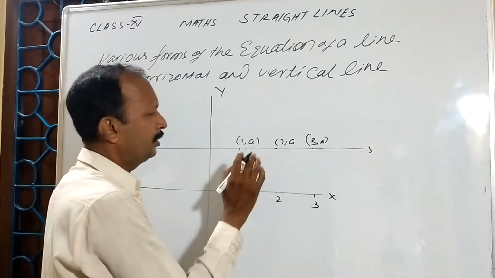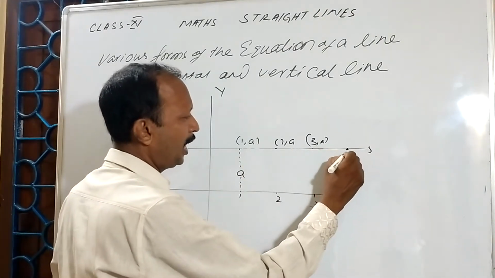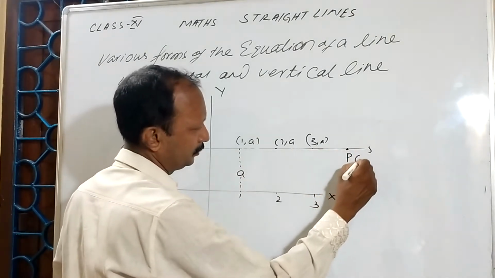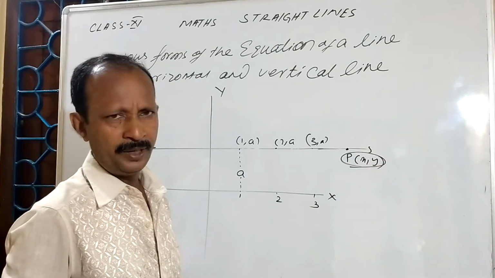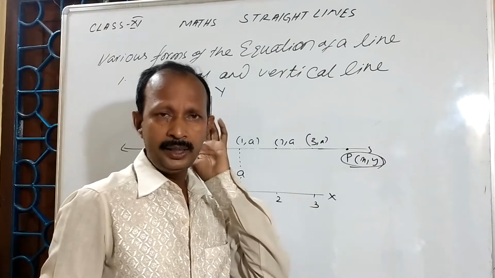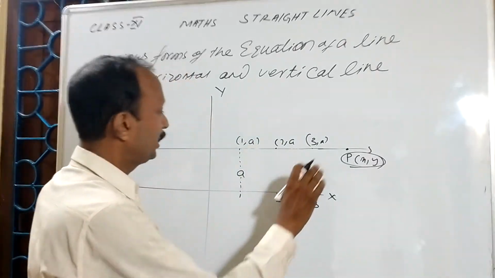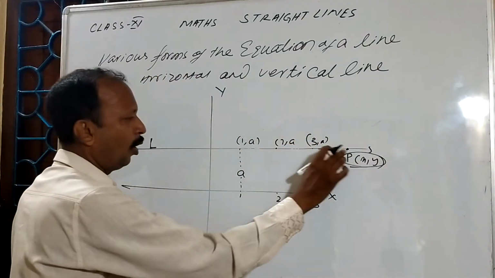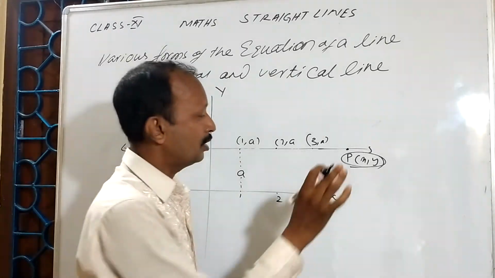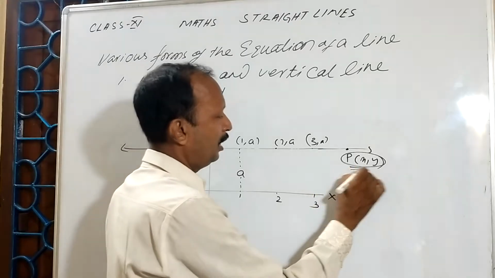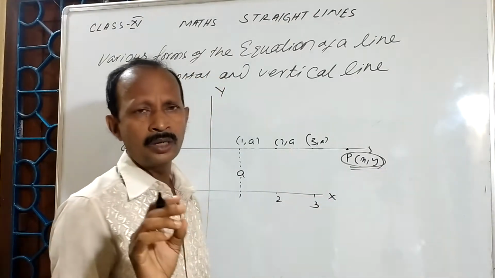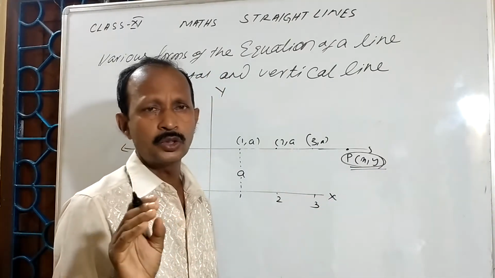On this line, you take any arbitrary point, any variable point. This point P I have taken x, y. It is a point you can take anywhere on this line. It does not mean that it is here. And second thing is that I have used x, y, not x1, y1 or x2, y2.